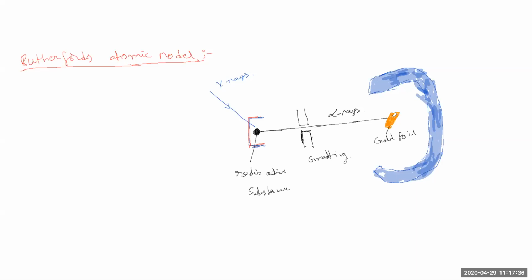When the alpha rays are focused on the gold foil, its thickness is very small, only 0.01. So the radiations are like this.